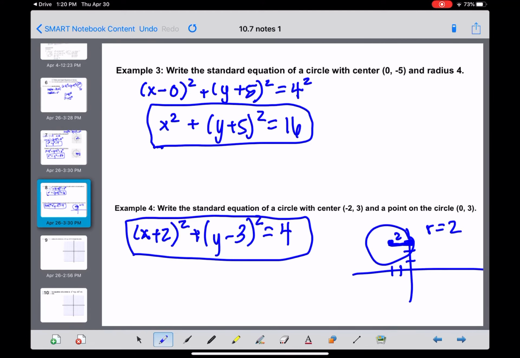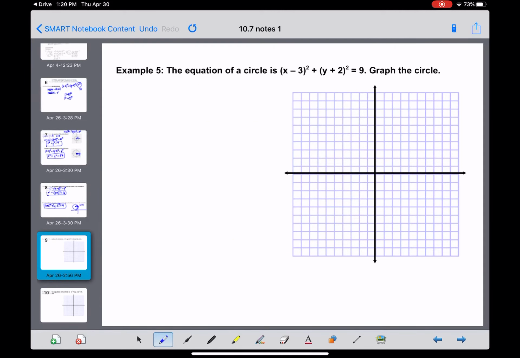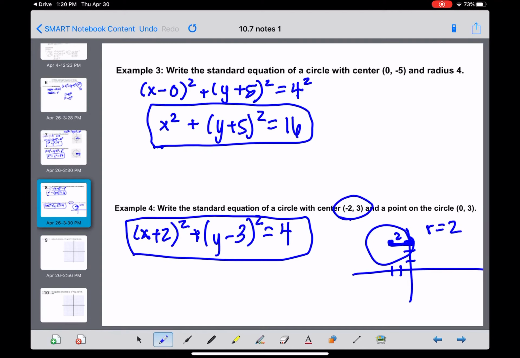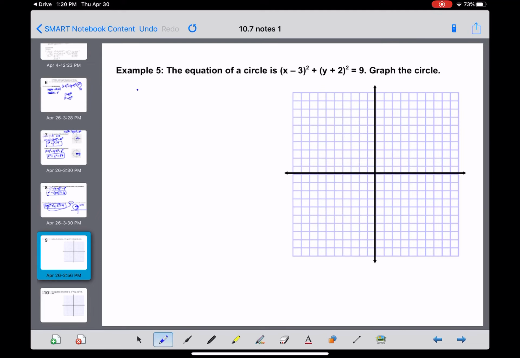Okay, so now we're going to use the equation of a circle to graph the circle. You want to remember that when I gave you the center, the -2 becomes a +2 in that form. So if I see x plus 2, I know that the value had to be -2 to make it a plus sign. So to graph this, if it's x minus h, the value would have been a +3.